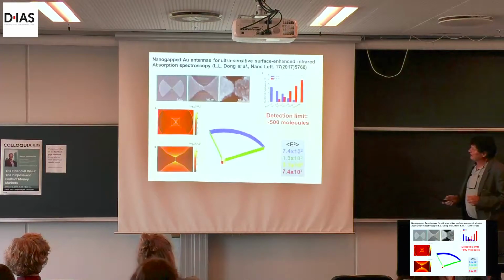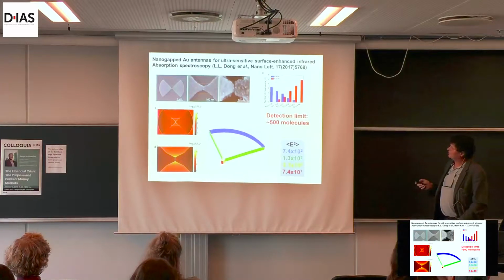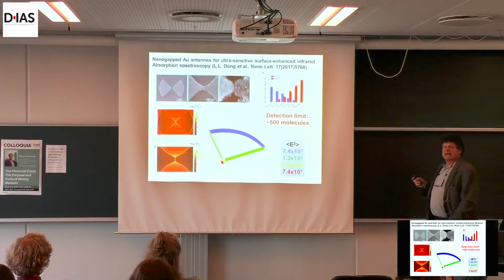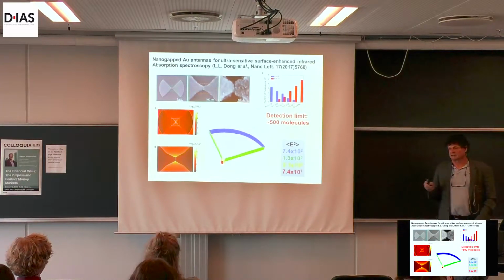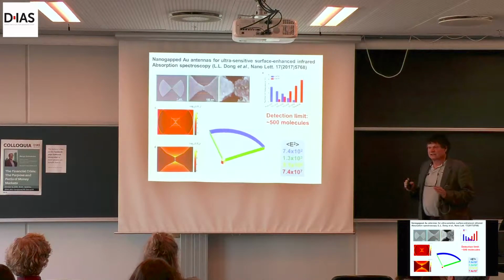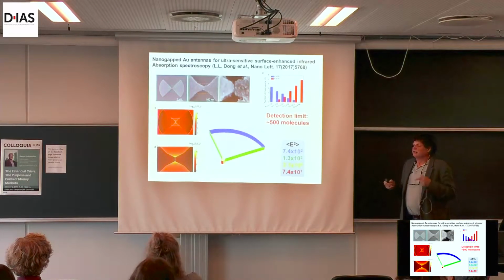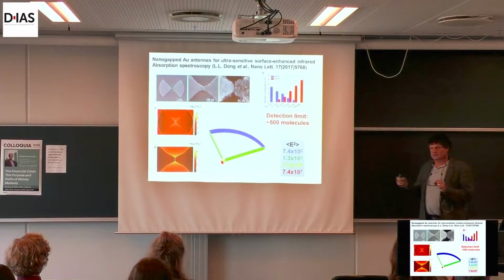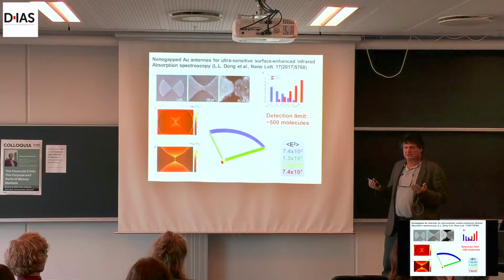So here's another one that is very challenging. This is also from Naomi Halas's group. This is surface-enhanced infrared absorption. This is one of the most promising spectroscopies because it's very easy to interpret. But the signal for this spectroscopy is square in the field enhancement, so it's not like CARS, which goes as a factor of 8 of the field enhancement.